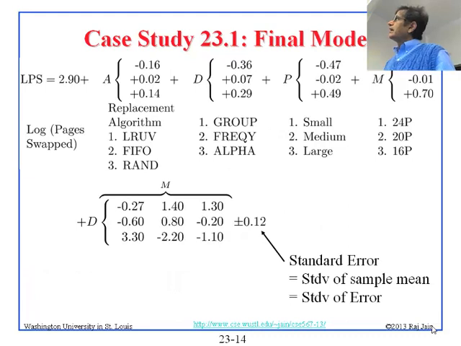Okay. One way to write this model, by the way, is to write down that the model is mean plus the value of A. Depending upon A, you write down 0.16, 0.02, or 0.14.